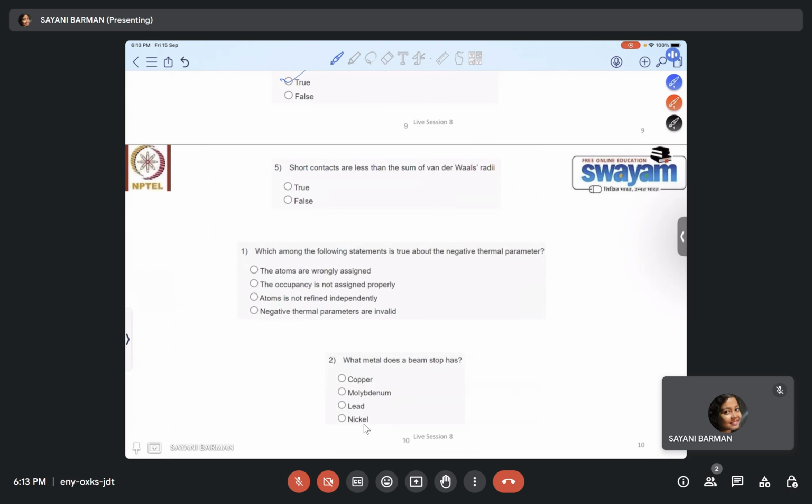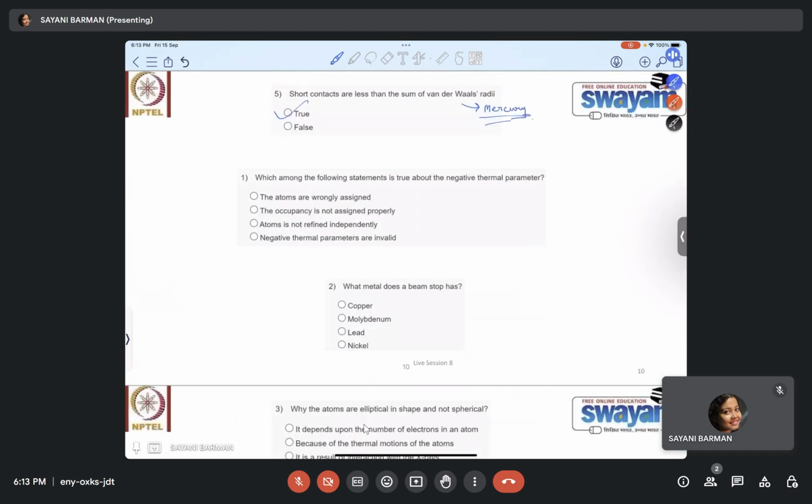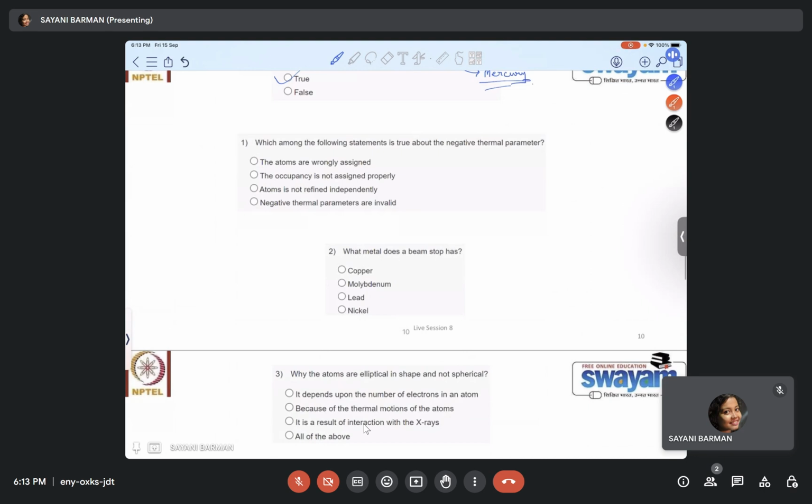Okay, yeah, it's true. And this we can detect from Mercury software, right? Now the next one is, which among the following statements is true about the negative thermal parameter?